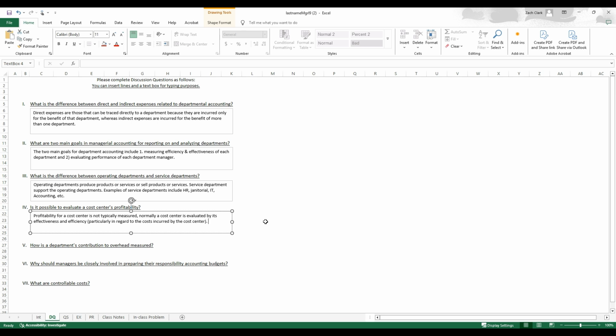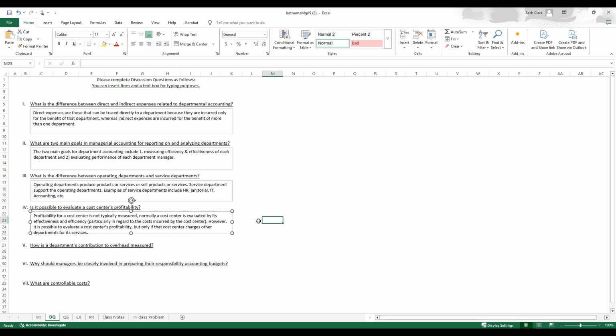However, it is possible to evaluate a cost center's profitability, but only if that cost center charges other departments for its services.